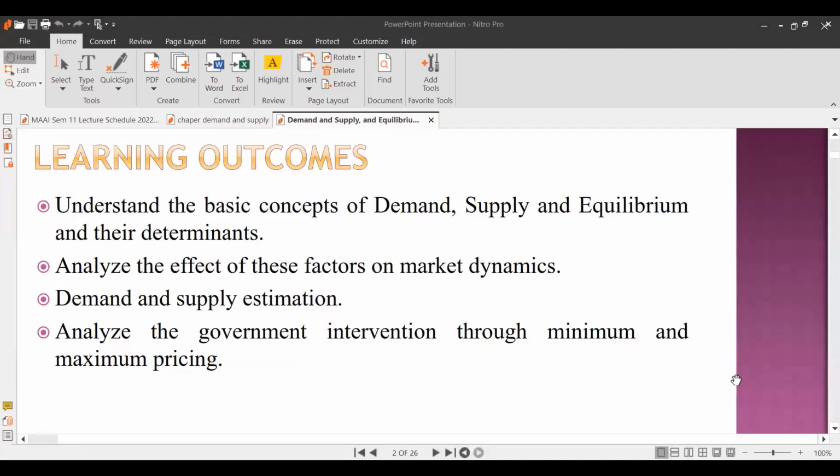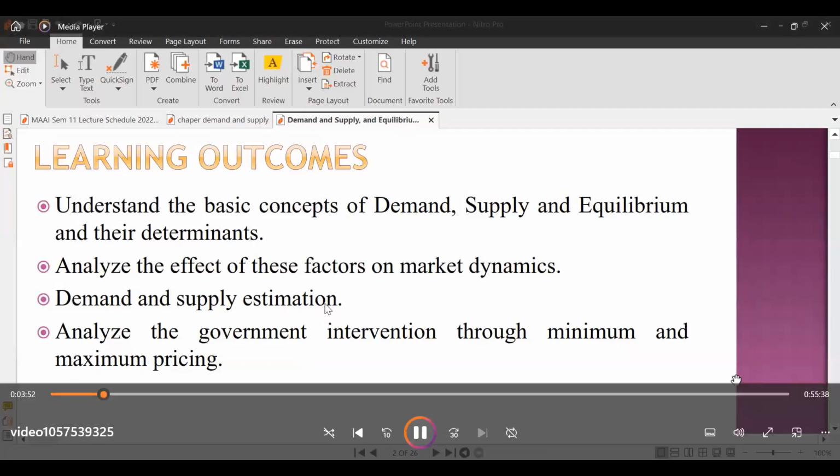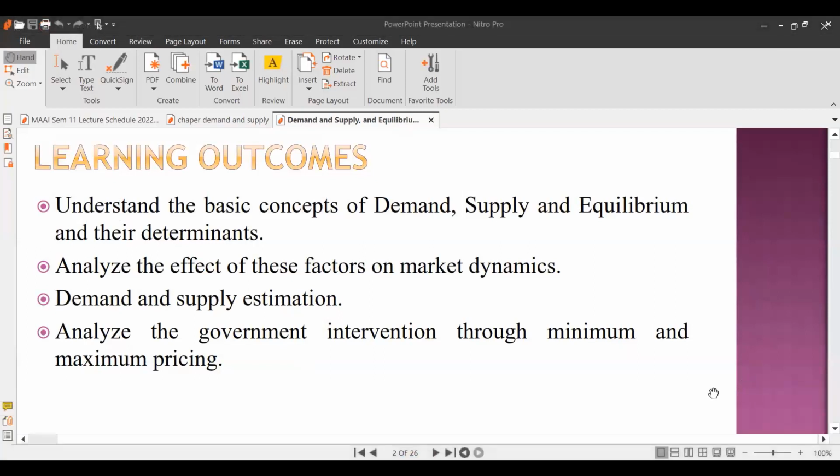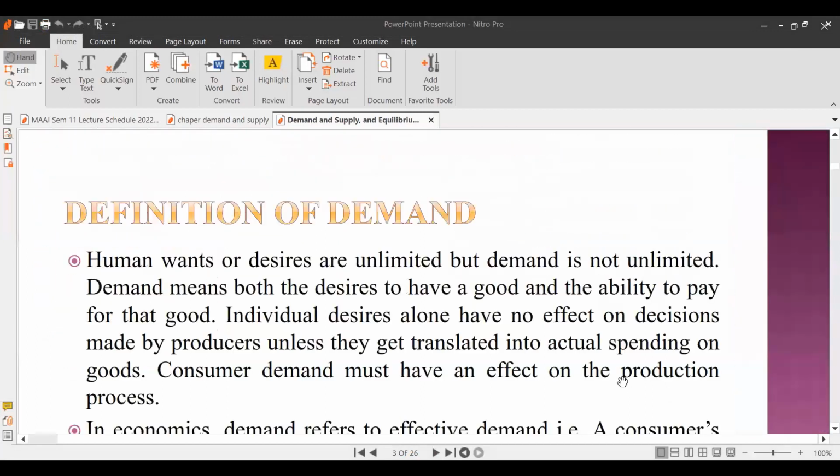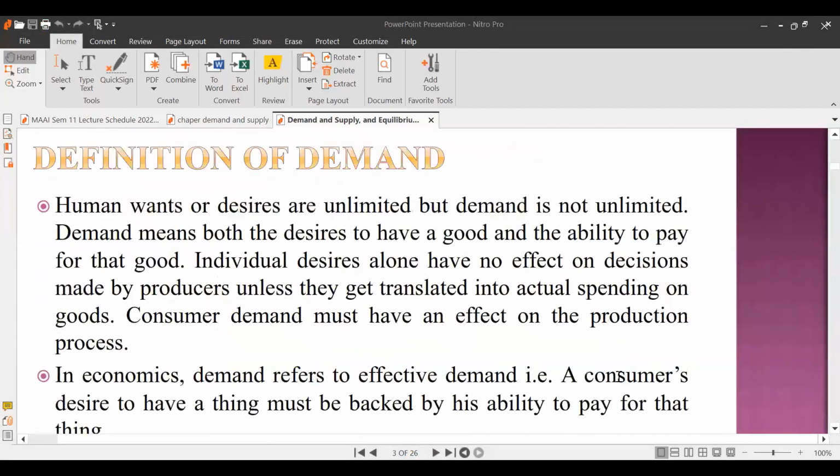So likewise, you should have some sort of experience on arithmetic calculations as well. Then today, I'm really focused on introducing the demand and the determinants of demand, supply and the determinants of supply, and the equilibrium.